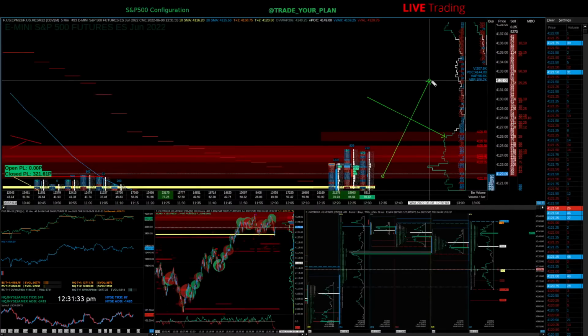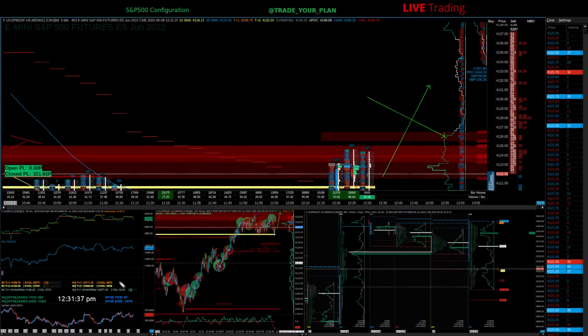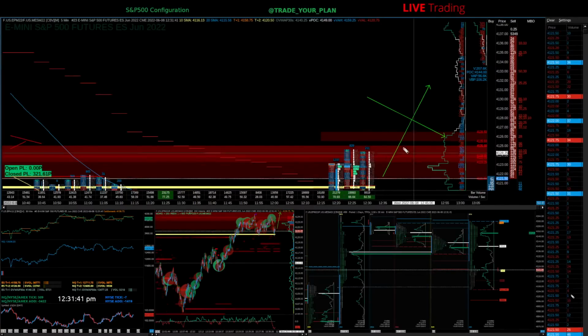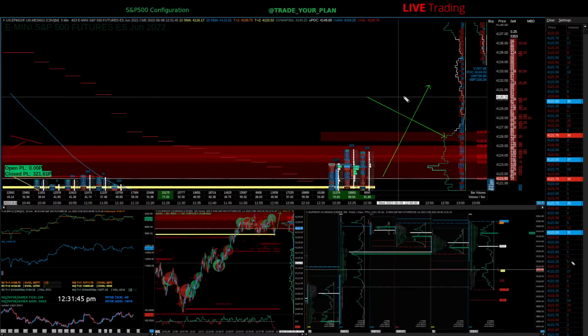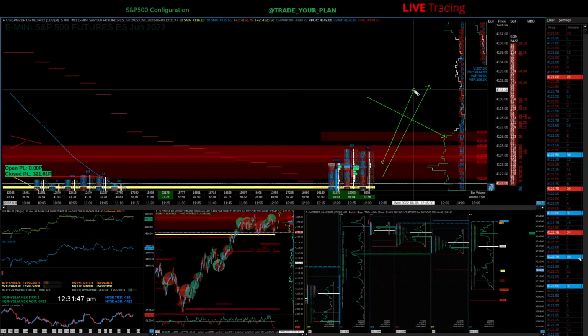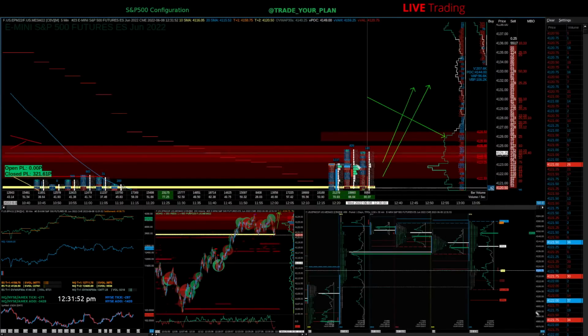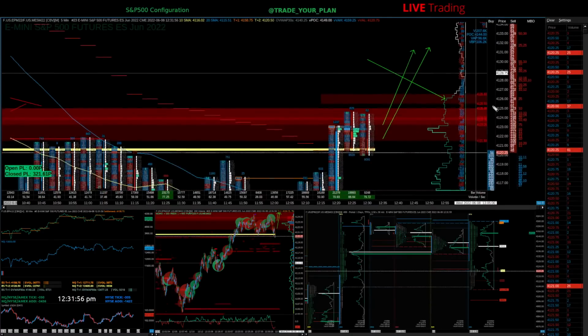So we're also likely to go into this LVN and test it. We're too close for someone with deep pockets not to explore this to see if they can get higher. If you're a bull, it's worth it for you to buy against this buyer and try to explore this. Just saying.